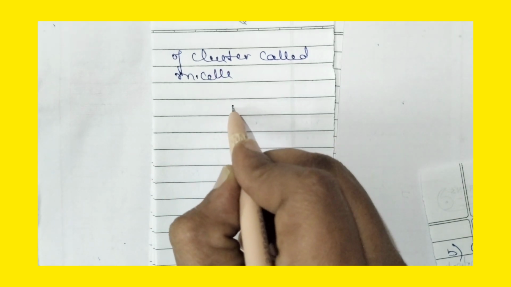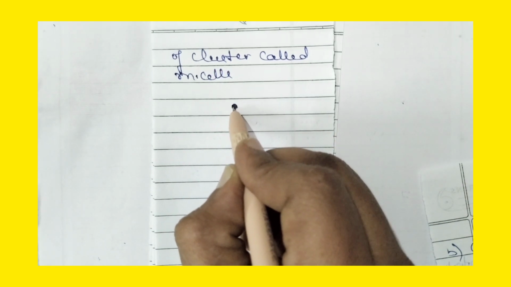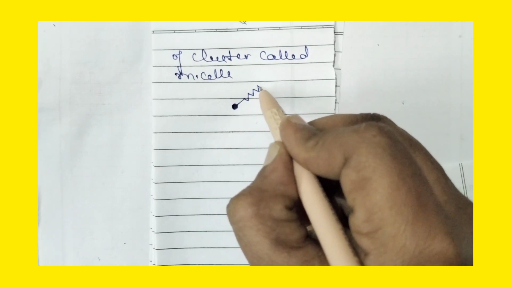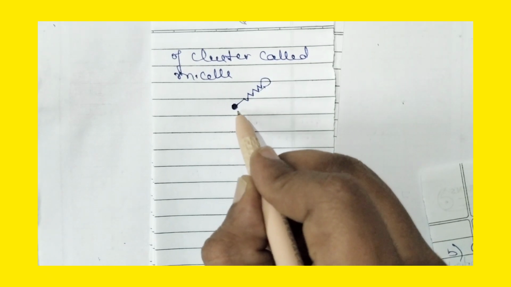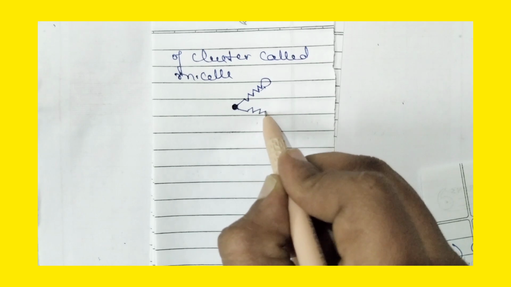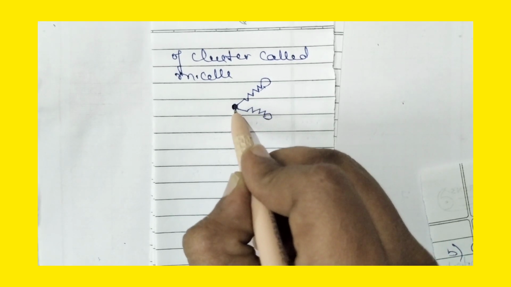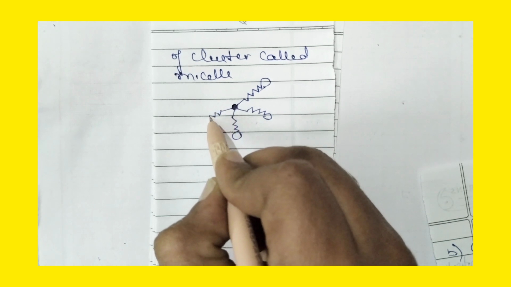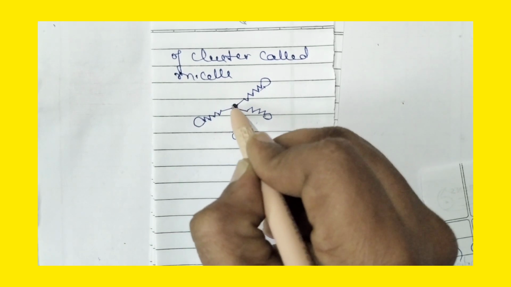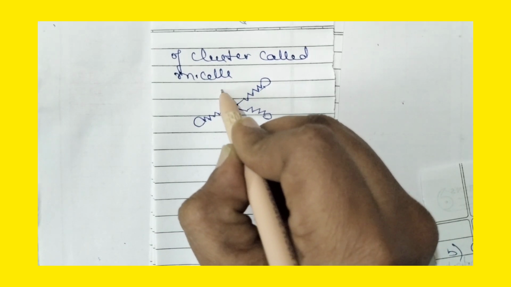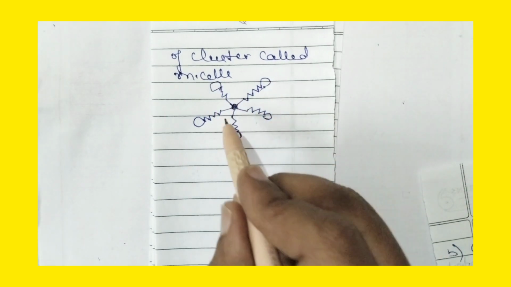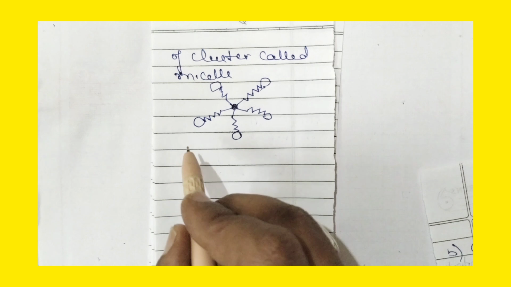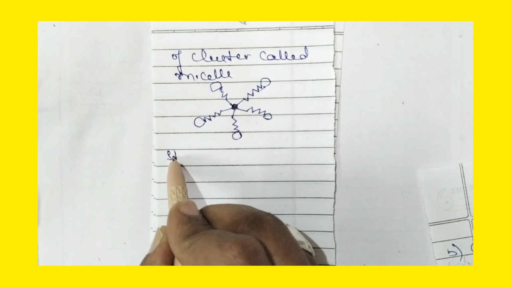This is the dirt which is present in the clothes. When we rub the clothes with soap, the soap molecules will get arranged around the dirt in the form of a cluster or a group. This group of soap molecules is called micelle.